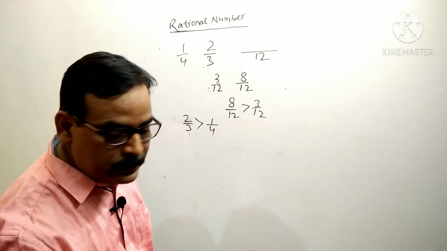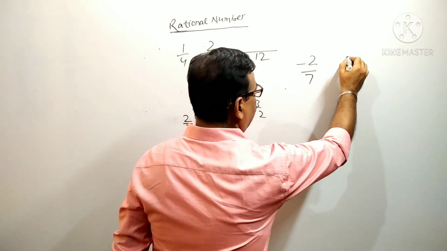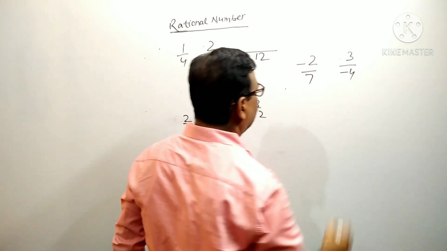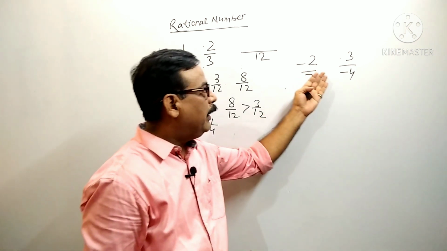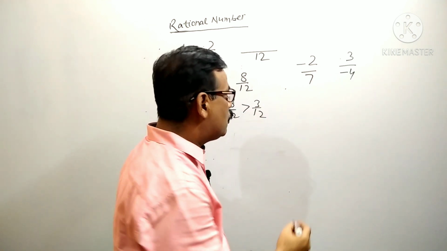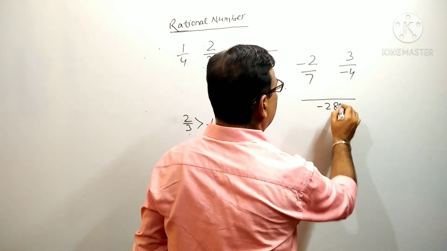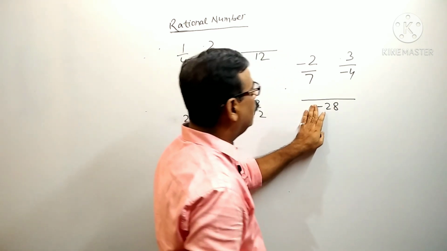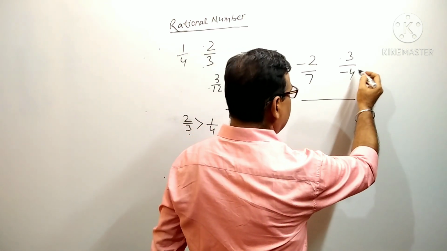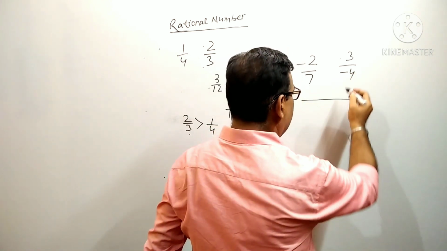From another example, suppose here is minus 2 by 7 and 3 by minus 4. So how can you find which number is smaller as well as greater? Once again you have to find the LCM, that is 28. But before you do this, you have to make the second rational number's denominator positive, because the denominator should not be negative.